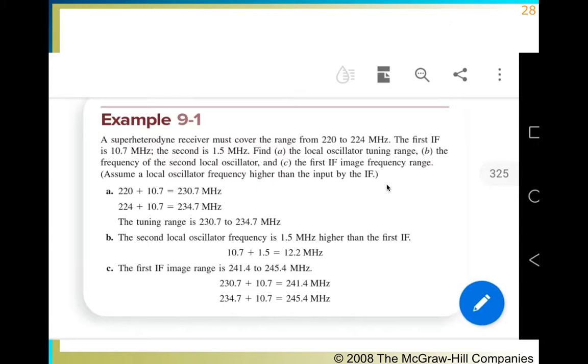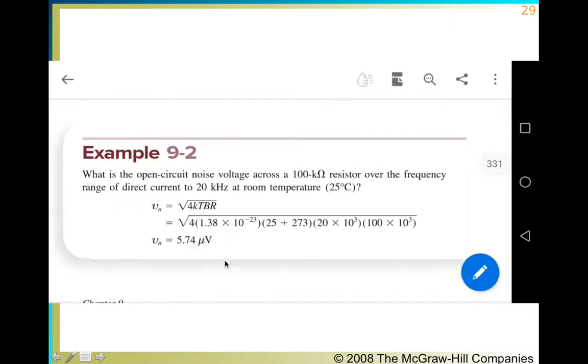So you can skip example 9.1 and do examples 9.2 to 9.6. This is just a calculation of the noise voltage, and the formula contains the Boltzmann constant, the temperature, the bandwidth, and the resistance. Putting these values in, we calculate the noise voltage.